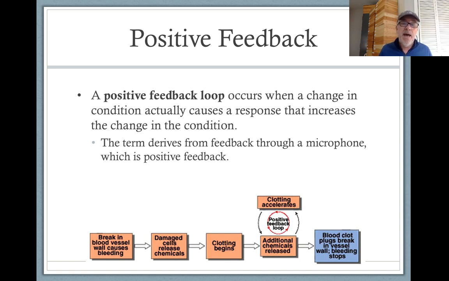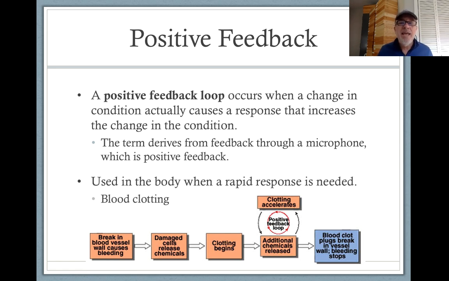That's positive feedback because what happens is the microphone picks up the amplified sound and then further amplifies that, and then further amplifies that, and so on, until it exceeds the capacity of the speaker to work and it blows out. Similarly, when you get a cut, the body has a whole positive feedback loop so that clotting happens quickly. You have clotting begin, and as the clotting begins, they release more chemicals to accelerate the clotting until the blood flow slows down enough that a negative feedback loop can take over.